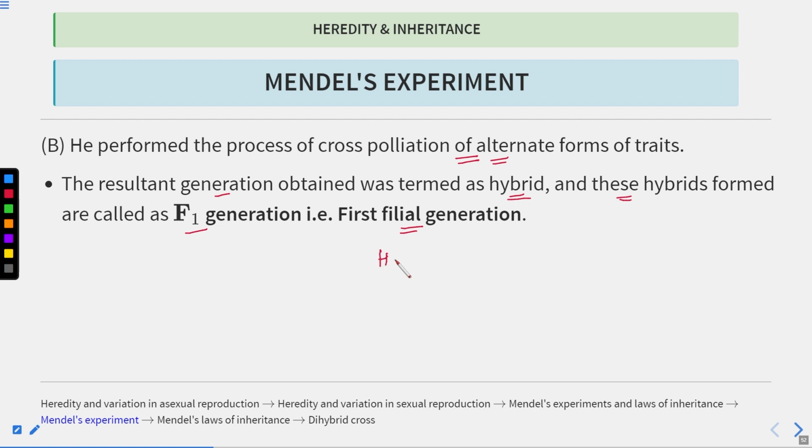Again, if we take the example of height, he crossed the alternate forms of the trait. One was homozygous dominant, and he crossed it with homozygous recessive. Clear? So this is homozygous dominant, and this is homozygous recessive.